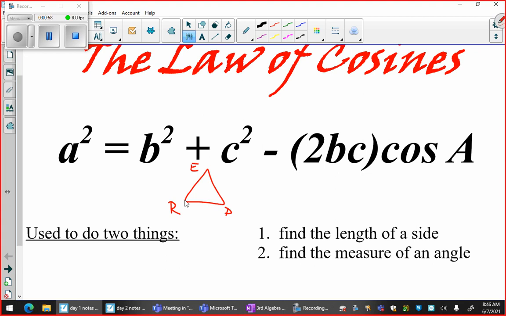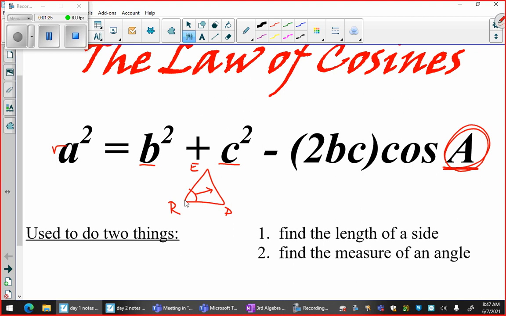You have to start at whatever angle you're looking for. Say we're looking for R, this is little r, so this becomes little r. Then these two are going to be E and D, and it doesn't matter what order they are in.